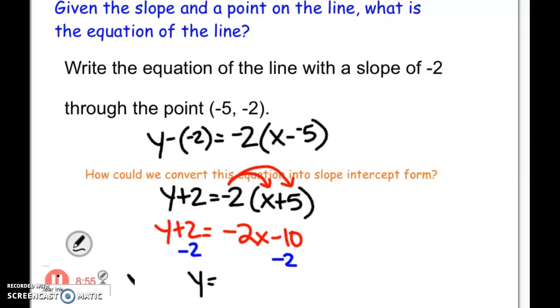So we get a y equals equation. Kind of cool. So this would be slope intercept form, and the top one would be the point slope form. So if it asks you in any given form, then it doesn't matter what you write it in. One or the other is fine.